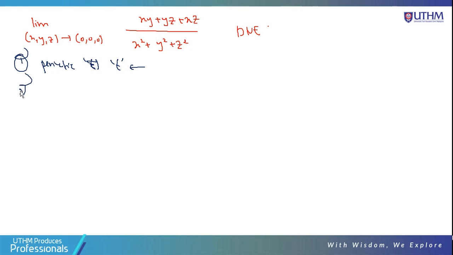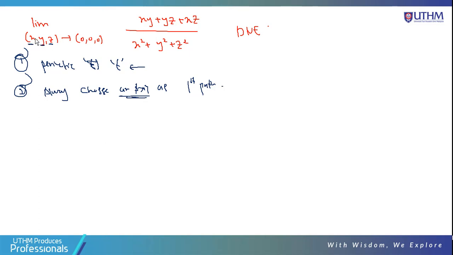Second, always choose an axis as the first path. We can choose either the x, y or z axis, but commonly we choose the x axis.